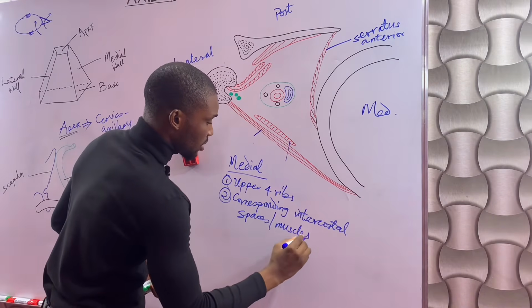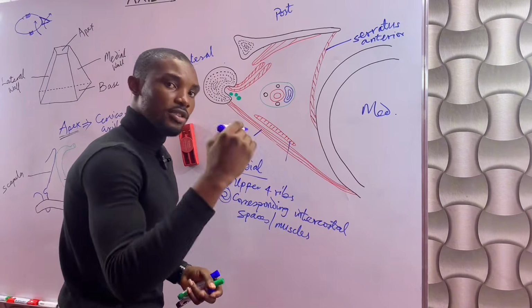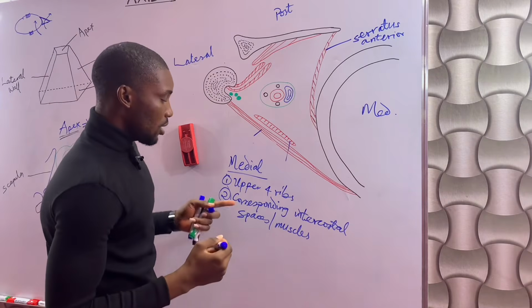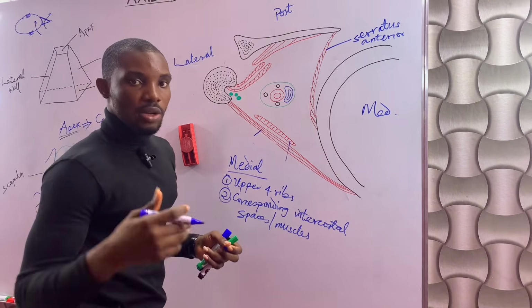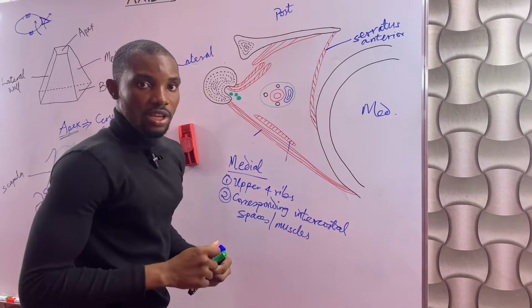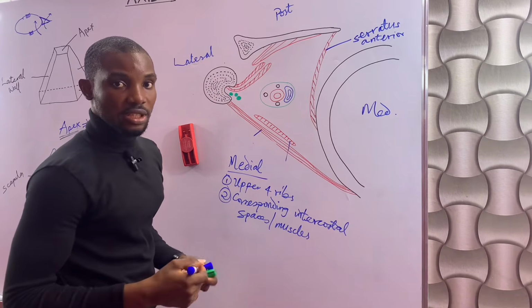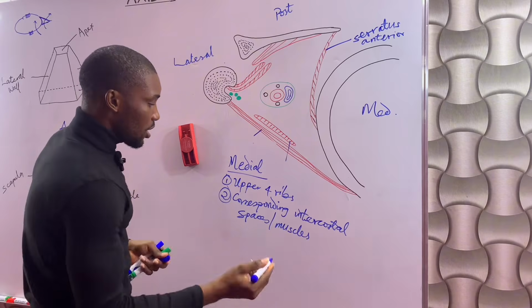You know, there are the intercostal muscles. That's the muscles between one rib and the next rib. So there are two intercostal muscles anyway. We'll discuss that later in our other videos. There's external and internal intercostal muscles, but that should not bother you now.